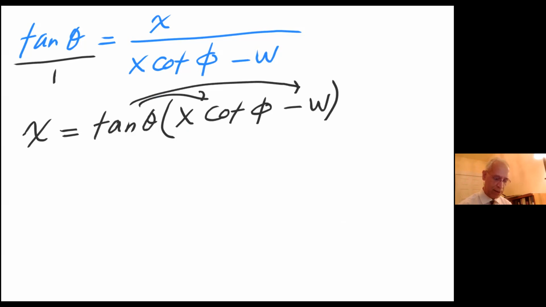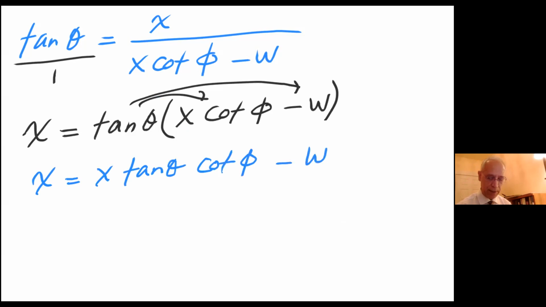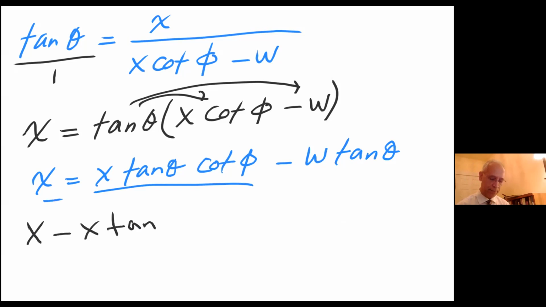I'll get x equals x times tangent of theta cotangent of phi minus w times tangent of theta. I'm going to be solving for x, so I'm going to subtract this quantity from both sides. So I'll get x minus x tan of theta cotangent of phi equals minus w times tan of theta.